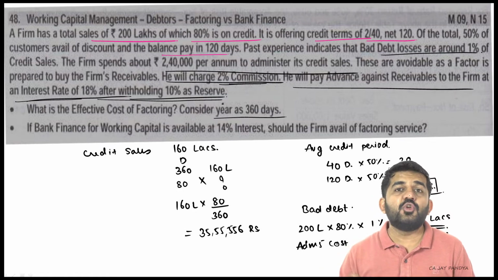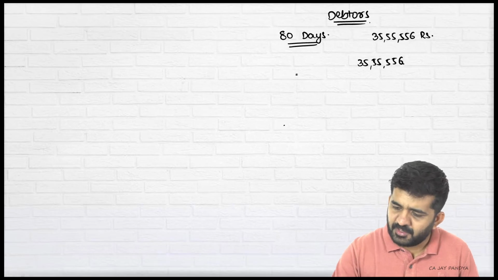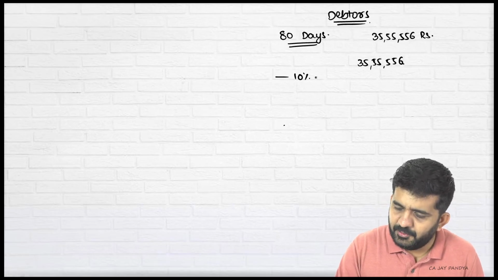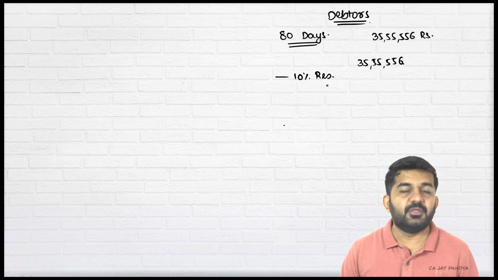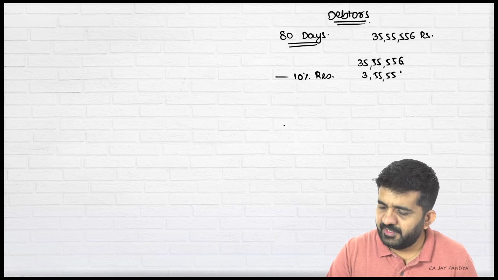So he is not financing 100%, he is financing only 90%. So first I will reduce 10% as a reserve. So it will be 3,55,556. Is it all?